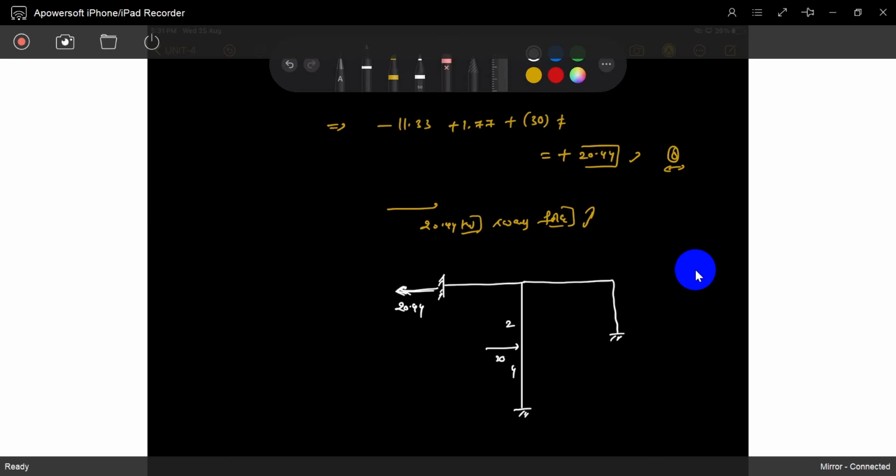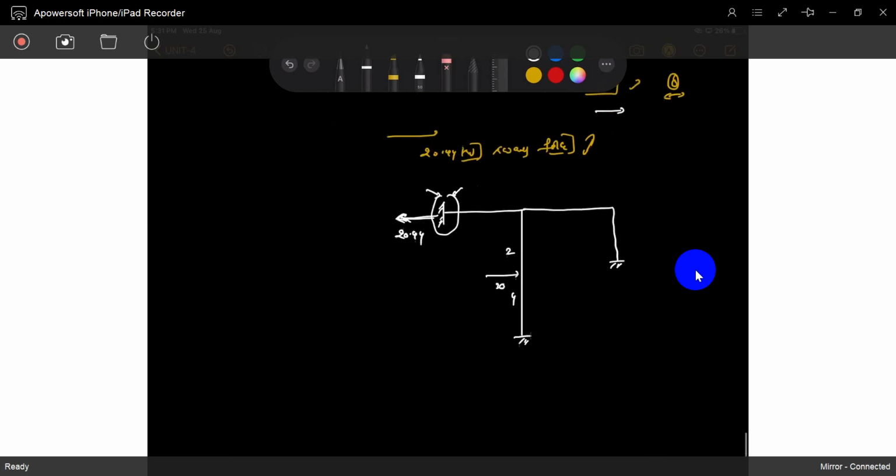But now there is no support here, the system has 20.44 sway moment is there. Understood? So for that sway moment we have to find out the sway forces. See, we have to find out the sway moments for the 20.44.